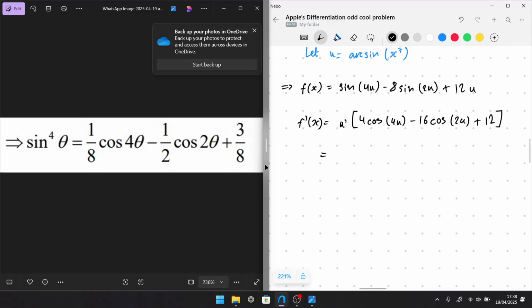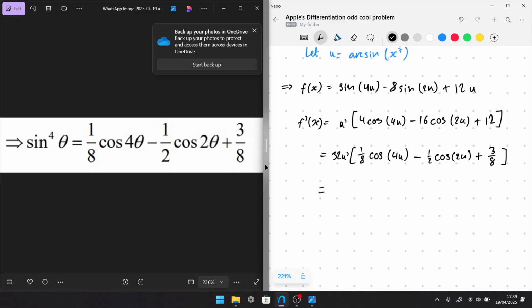Divide by 8, 16, 32. Probably 32. If you take out 32 u prime, we end up with 4 over 32, which is 1 over 8 cos 4u, minus just a half cos 2u, plus 12 over 32, which is 3 over 8.